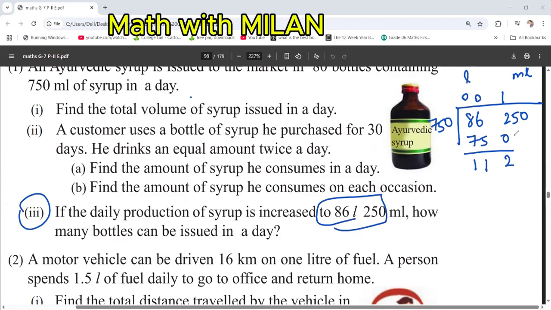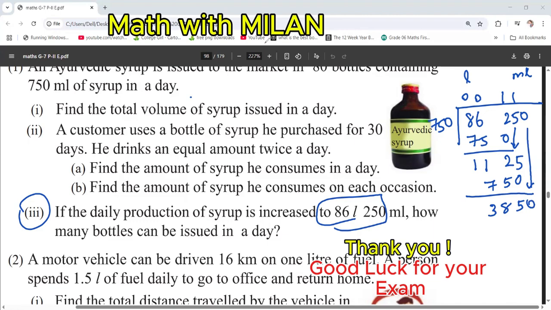Right? So you take this 5 here, then 1125. So 1125, you have 750. Then you subtract, this is 5. You take 12 minus 5 is 7. You have a 0. That means 10 minus 7 is 3. Then you take this 0 here.